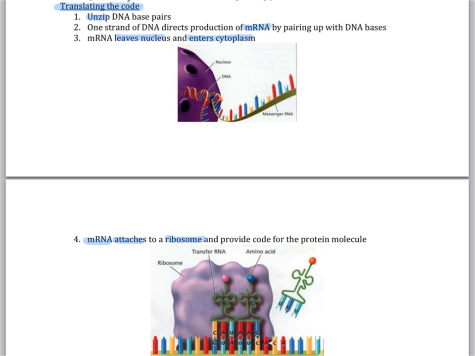What has to happen is the DNA has to unzip so that the base pairs are exposed. One strand of the DNA directs the production of the mRNA by pairing up with the DNA bases, which is shown here. So you can see that there is an unpairing occurring right here.